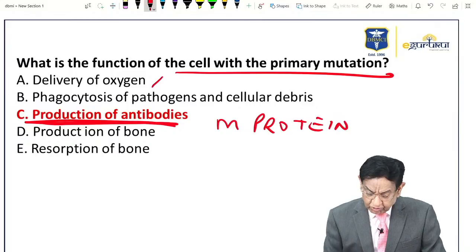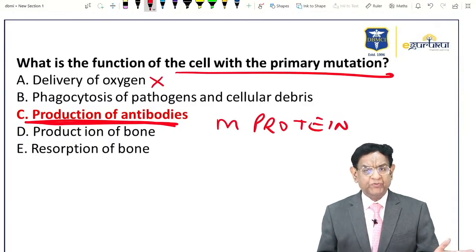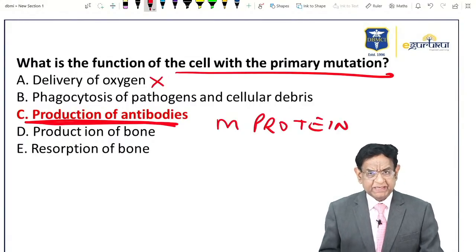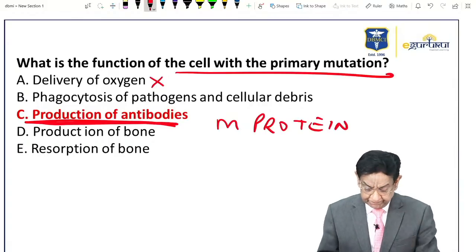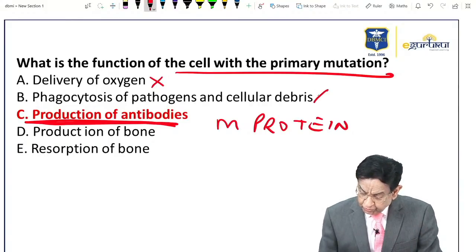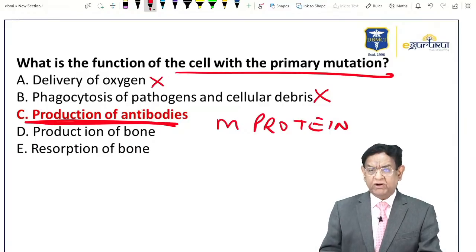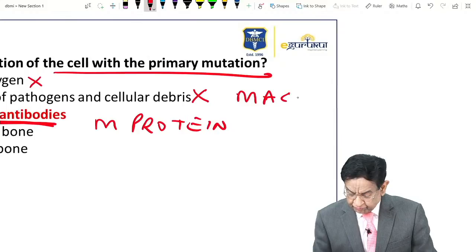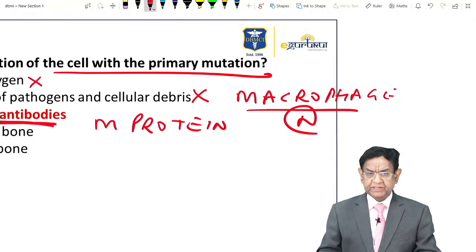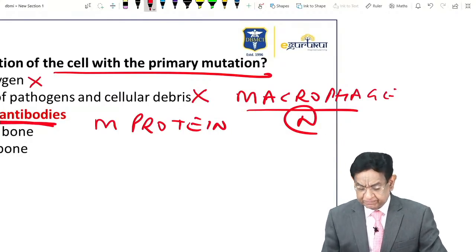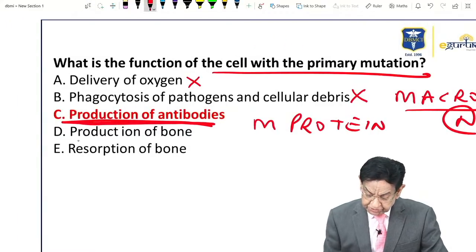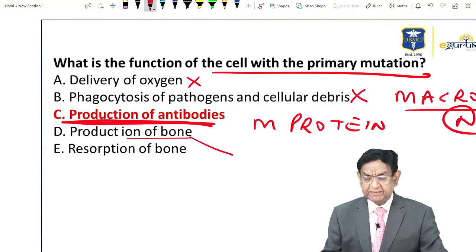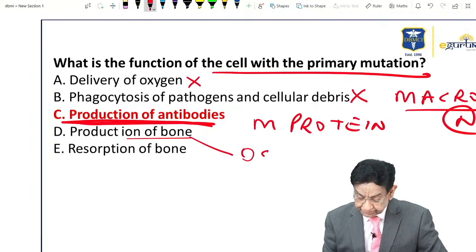Do plasma cells cause delivery of oxygen? No way. This is not the job of plasma cells, it's the job of hemoglobin. Phagocytosis? No way. Plasma cells are not phagocytic. Macrophages or neutrophils are phagocytic, not the plasma cell. Production of bone? No way. That is by the osteoblast.